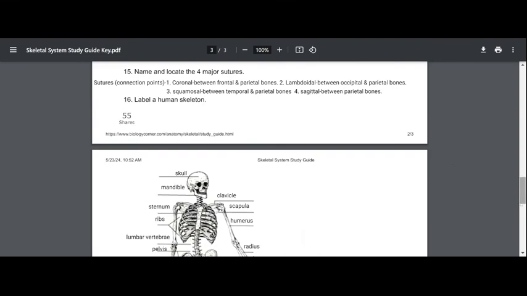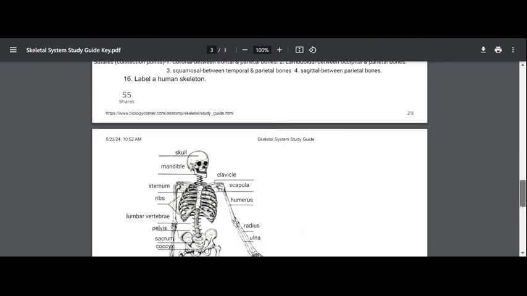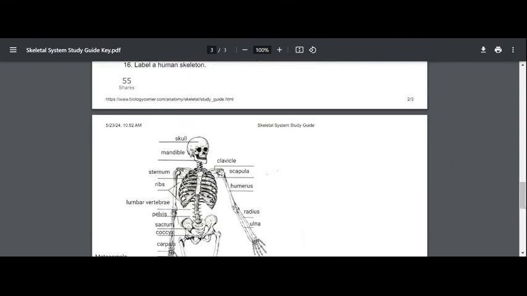For 16, we're going to go ahead and label the human skeleton. Right here, we have the skull. This area right along here is the mandible. This is the sternum right here. These are all ribs.